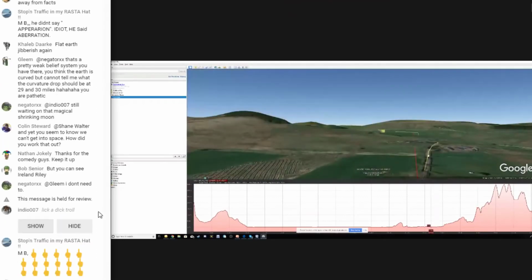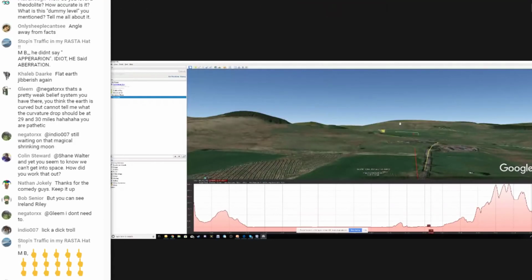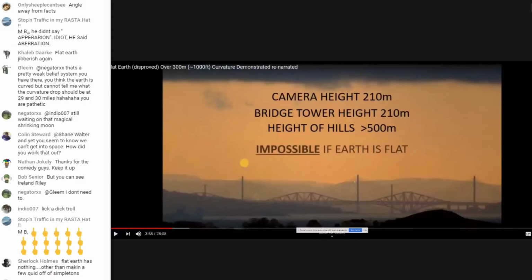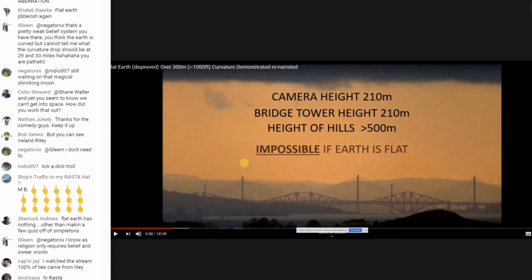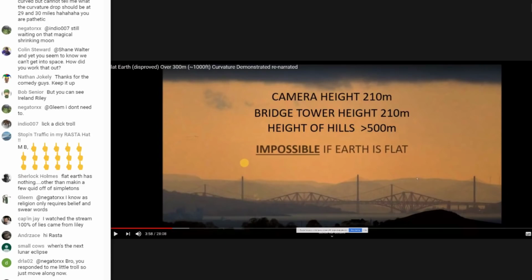210 to the top of the crossing bridge. Right, but the point is that he's claiming that the land on the horizon is greater than 500. He says that he's referring to some other mountains that are not relevant, but his claim is that the vertical part of the bridge is 210 meters and the height of the hills is greater than 500, which is at its absolute peak.